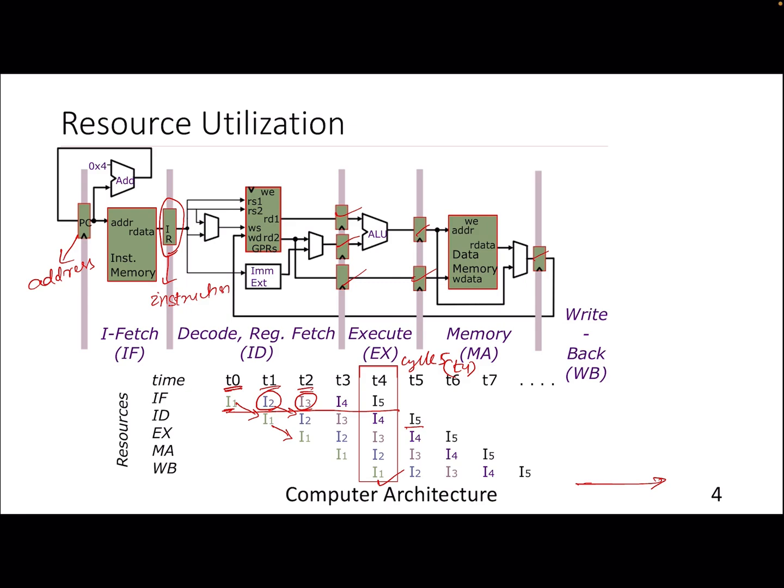So for example, you can see that at time T4, I1 is done. At time T5, I2 is done, then I3, then I4, then I5, right? So this is another way of visualizing pipelining in terms of the temporal window, what exactly is happening per cycle.